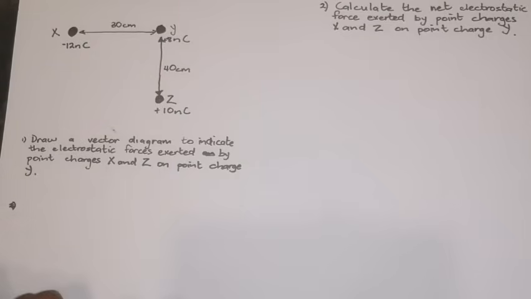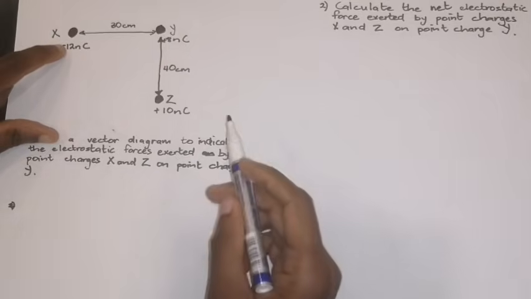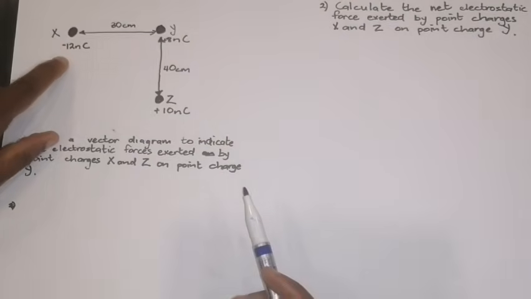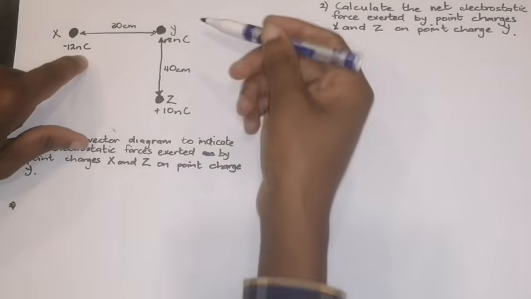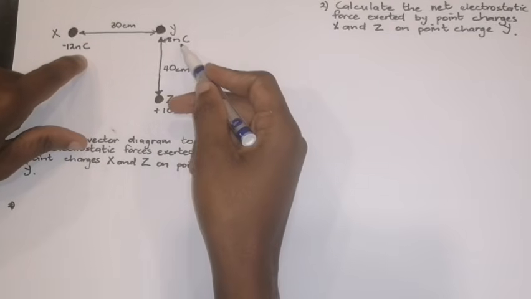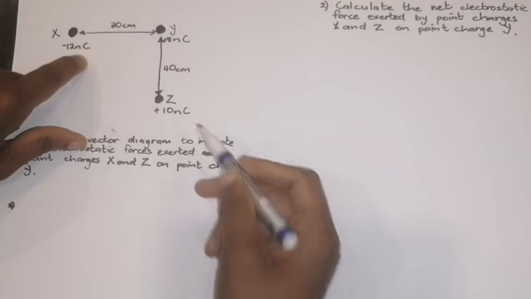I'll try to improve on that in the future. We've got point charge X, which is negative 12 nanocoulombs, point charge Y, which is positive 8 nanocoulombs, and point charge Z, which is 10 nanocoulombs.